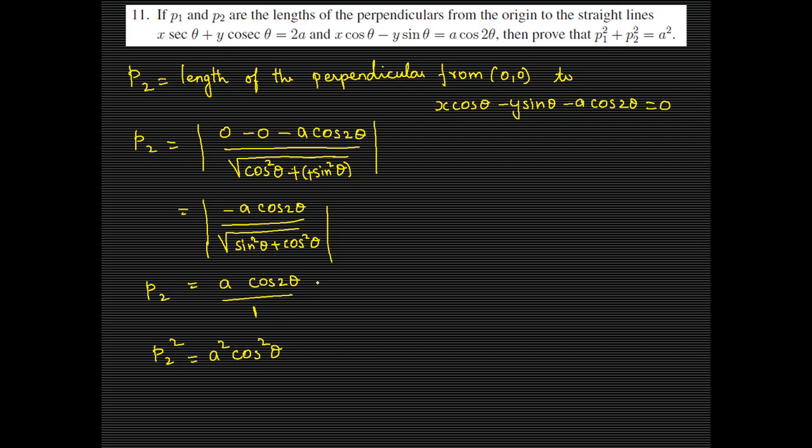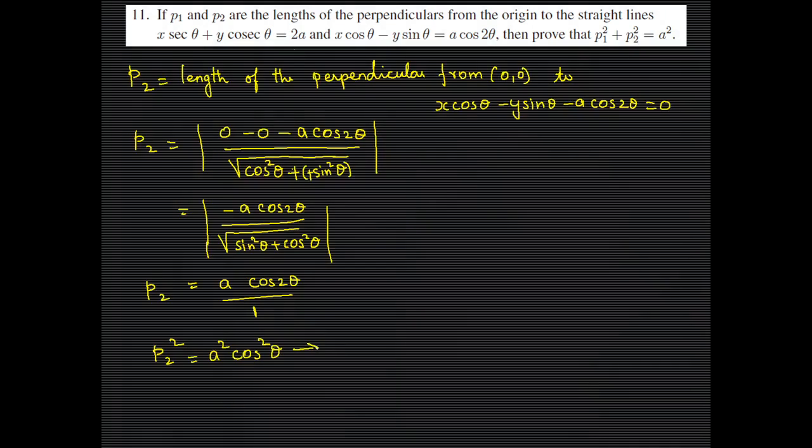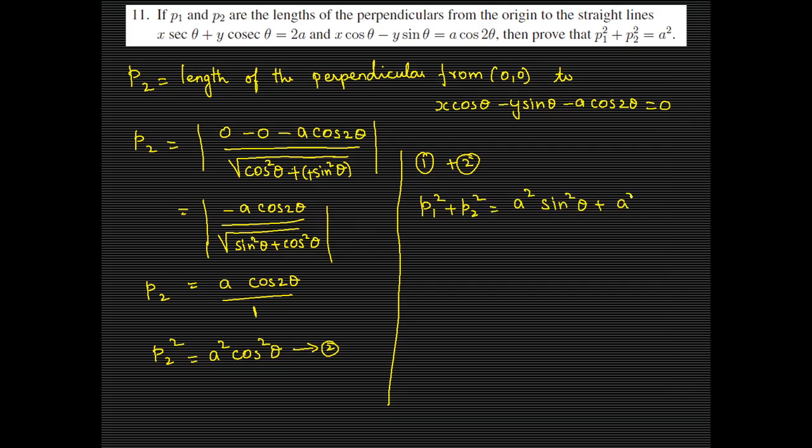Now we need to prove P1 square plus P2 square is equal to a square. We'll name this as equation number 1 and this as equation number 2. Adding equations 1 and 2 gives us P1 square plus P2 square equal to a square sin square 2 theta plus a square cos square 2 theta.